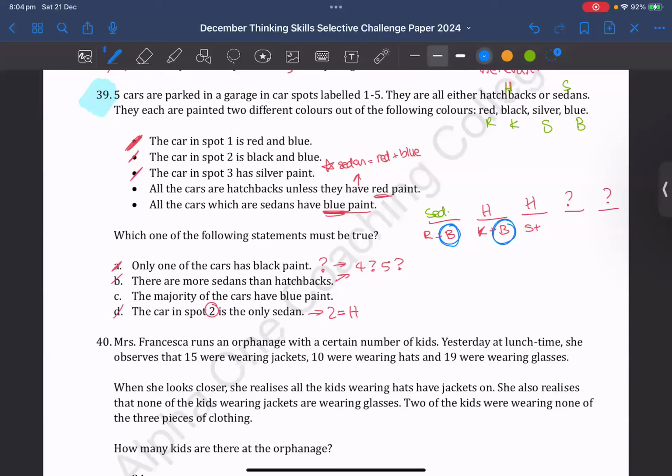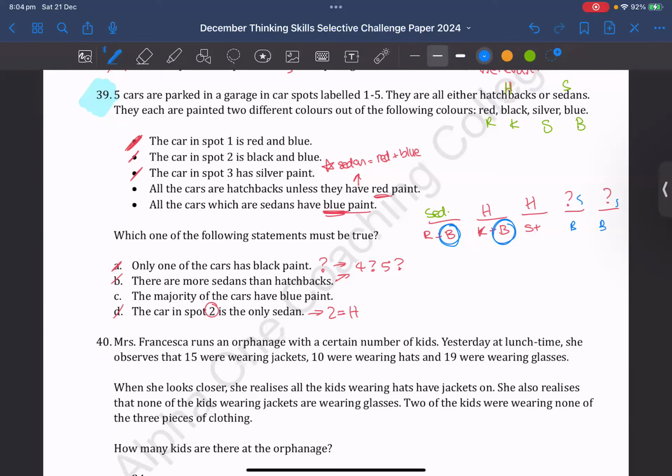If it's a sedan, I know it's got blue. But if it's a hatchback, it could have blue, or it could just not have blue. So the 2 out of the 3 that we do know both have blue paint, and regardless, the others will either have blue paint or just be a hatchback that doesn't.